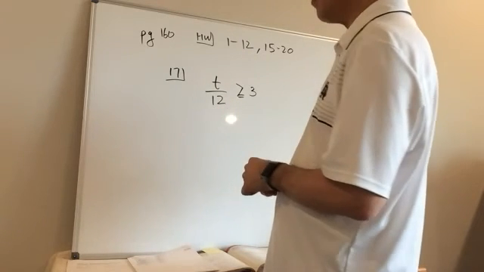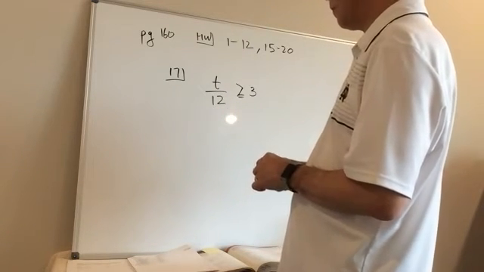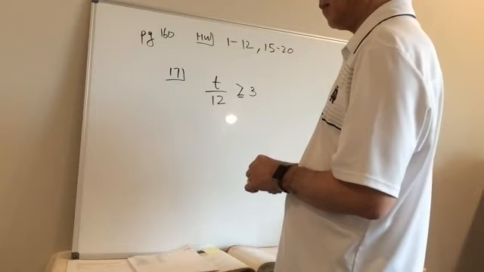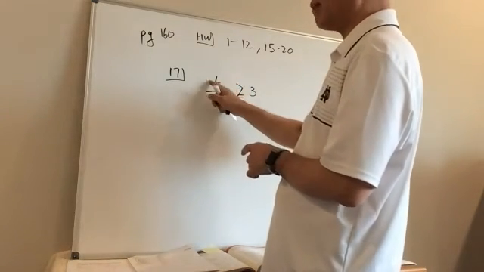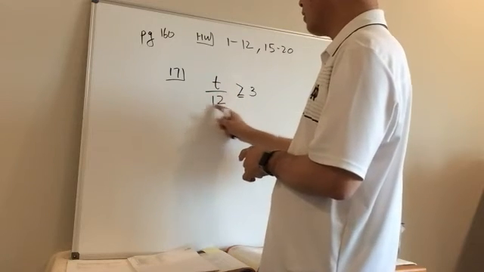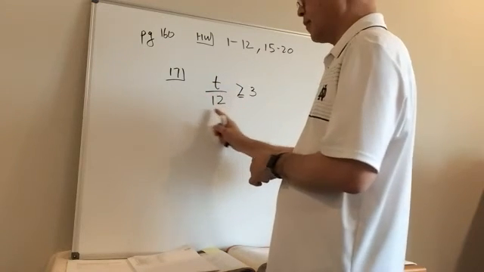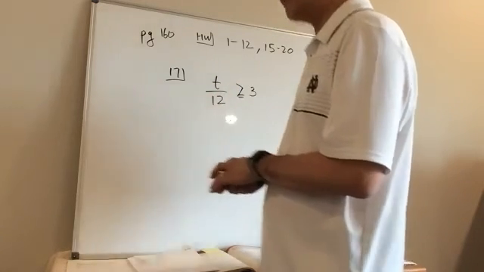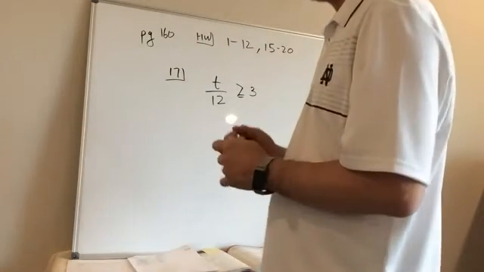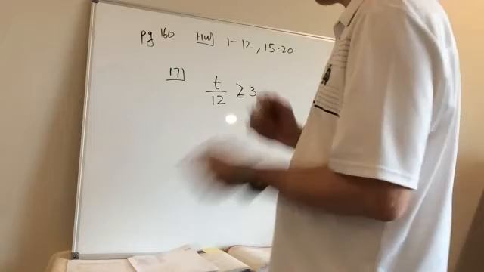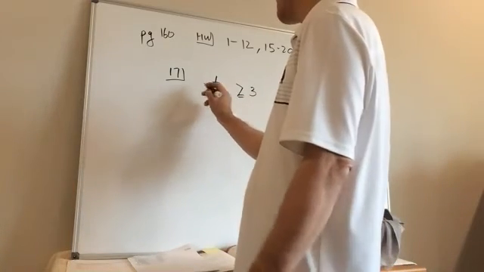So what do I need to get rid of here? I want T by itself, and I have T divided by 12, so I need to get rid of the 12. How would I get rid of the 12 that's underneath the T? It's already divided, so I need to multiply on both sides now, right?